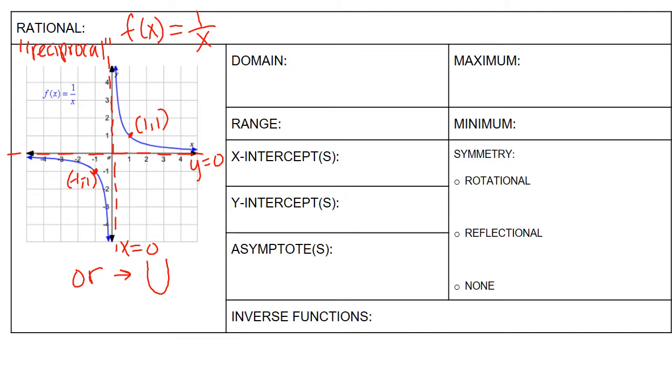My domain, starting from the left, I go from negative infinity and I get as close as I can to 0, but do I ever touch 0? No. So my domain is from negative infinity to 0, parentheses, because I'm not touching 0 because of that asymptote. Union. Then I continue and I go from 0 to positive infinity.